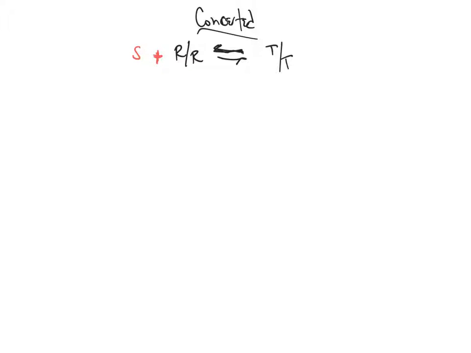What it does is it binds preferentially to the R, and when this substrate binds to this R, it's going to cause a new equilibrium.